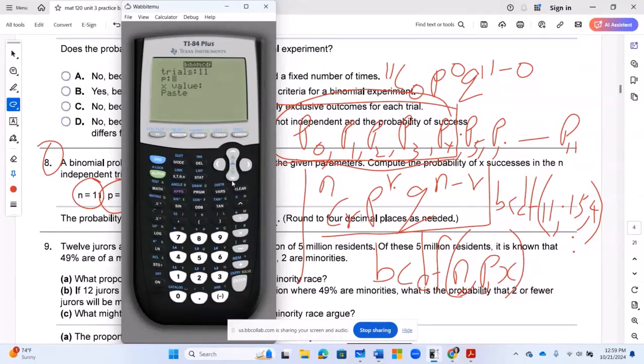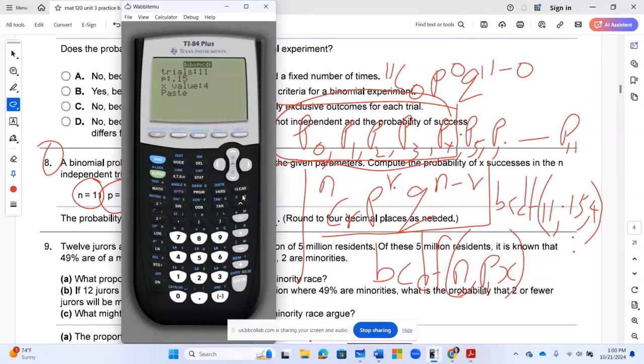P is the probability of success given to you, and it must be in decimal, 0.15. And X is the random variable. Where are you starting? Is X equal to 4 included? Yes. Why is 4 included? Because the question says less than or equal to, so that is 4.